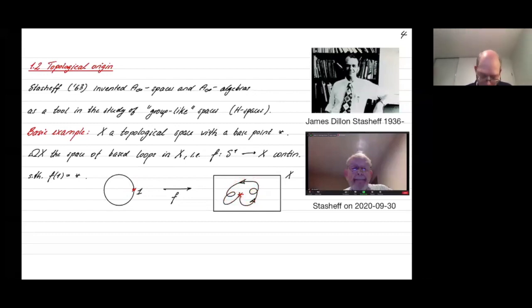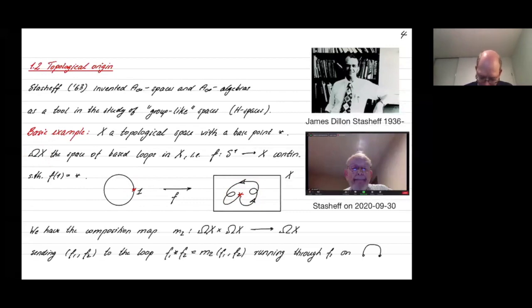Okay, we get a topological space by endowing this set with the compact open topology. And then there's a well-defined and continuous composition map. Of course, very well known. What do we do? Well, when we have two loops, say f1 and f2, then we define the composition of these two loops in the natural way.